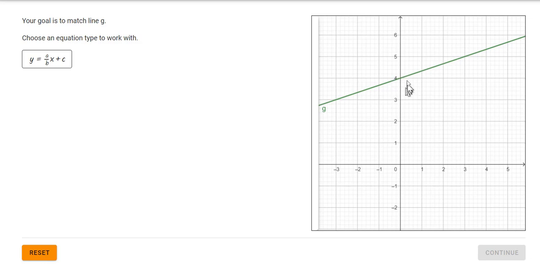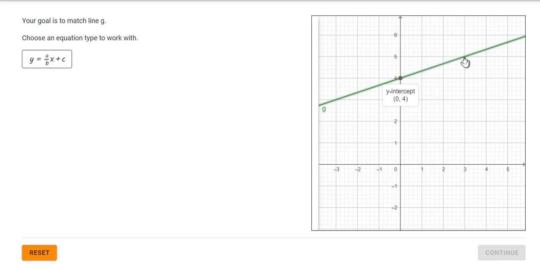If I was to take a look at the y-intercept, I know that the y-intercept is 4. So this letter C is going to be 4, right? And now I need to know, well, what is this fraction going to be? Well, I just have to find, how does this line move from this point to, let's say, that point right here?